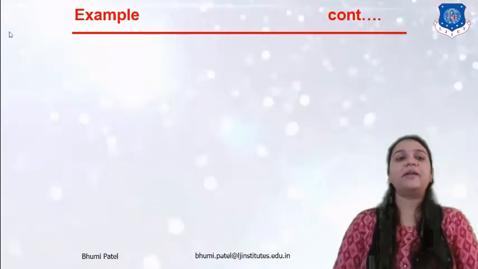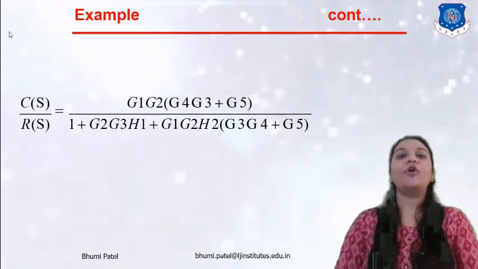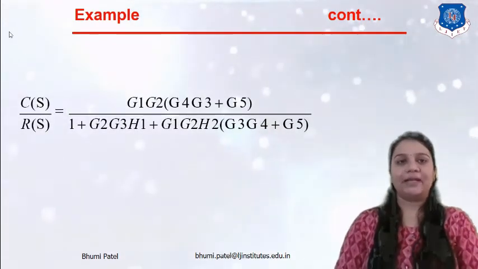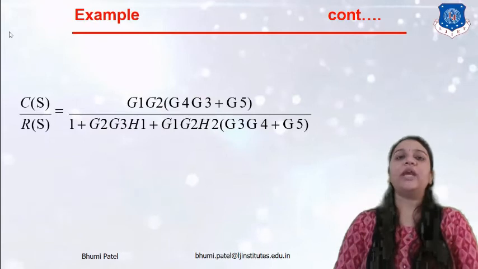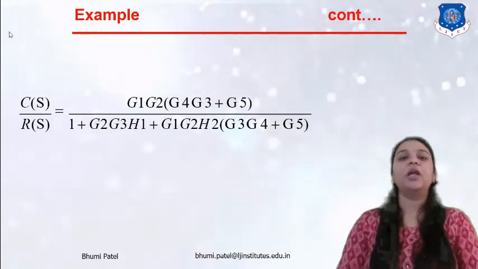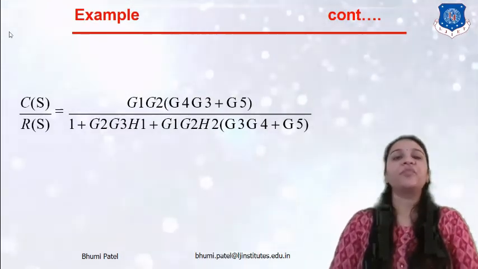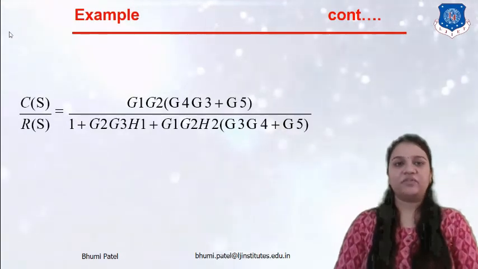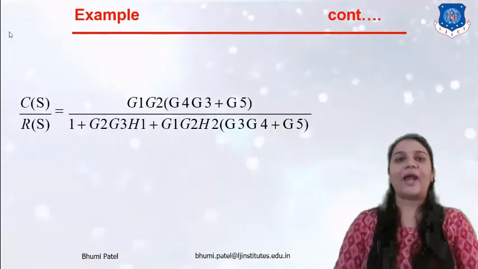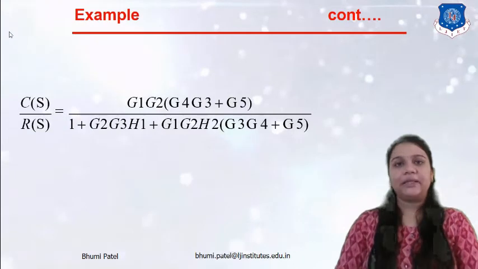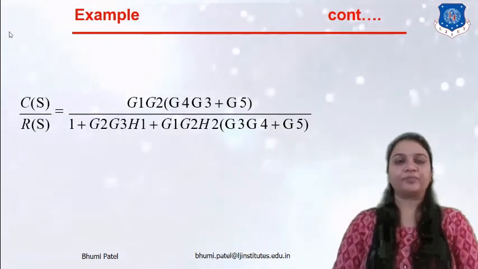So the final answer is like that. C of S upon R of S is equal to G1 G2 in bracket G4 G3 plus G5 upon 1 plus G2 G3 H1 plus G1 G2 H2 in bracket G3 G4 plus G5.